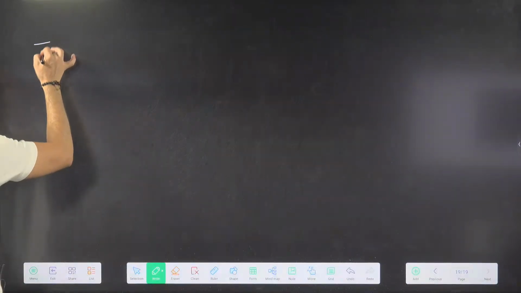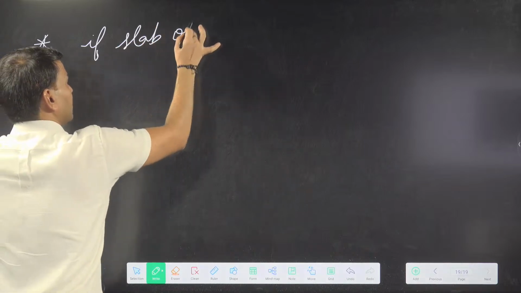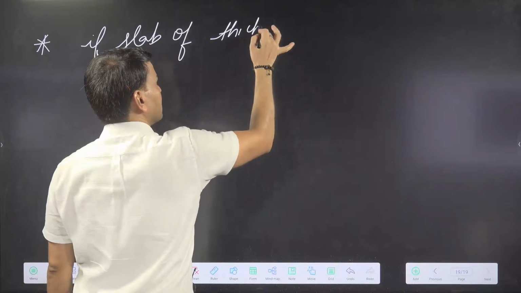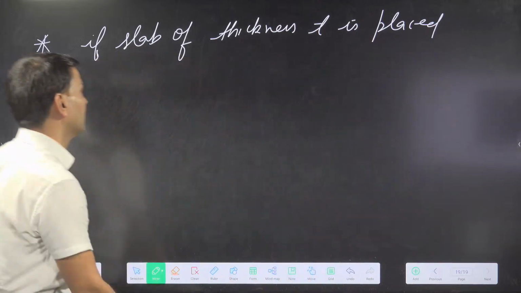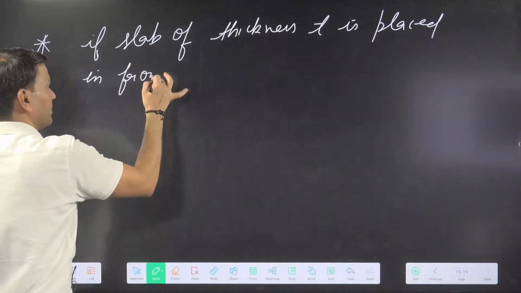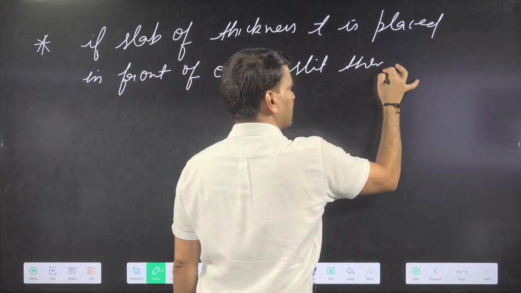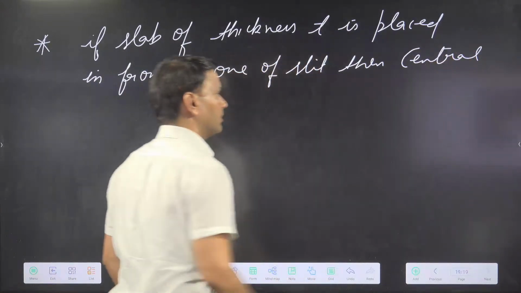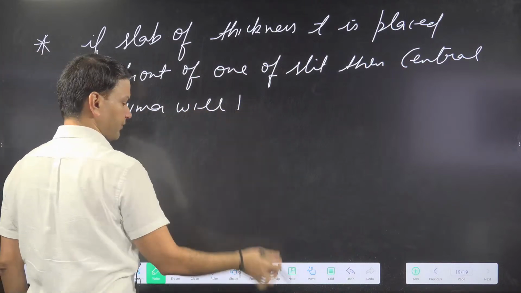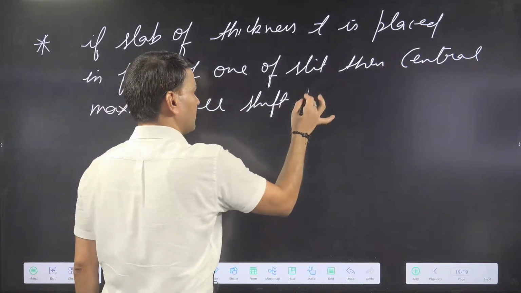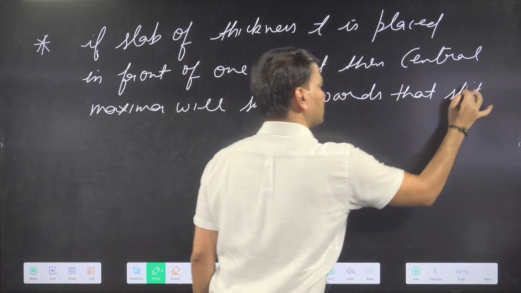And one last relation: if a slab of thickness T is placed in front of one of the slits, then the central maxima will shift towards that slit.